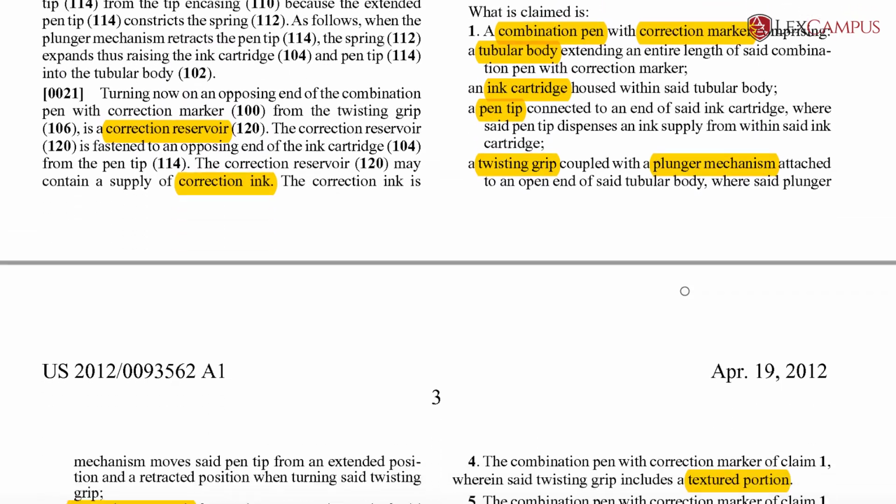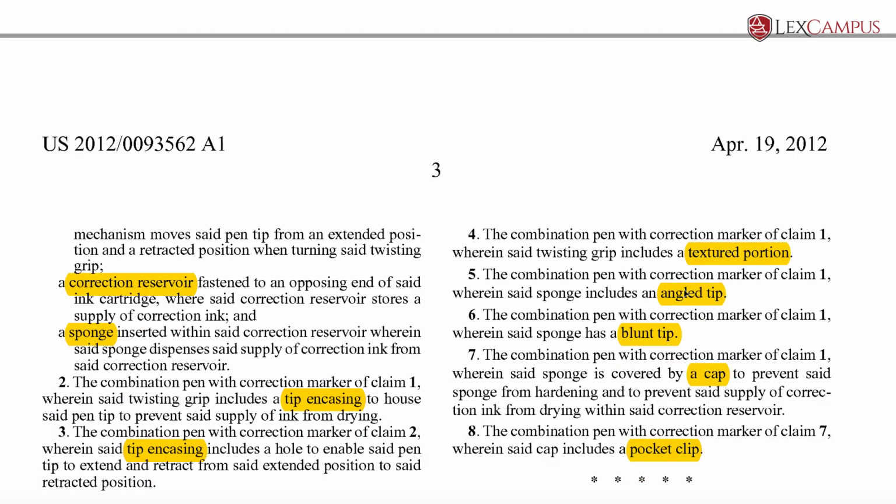You have one independent claim followed by 7 other dependent claims, and we saw the arrangement of the claims. Claim 2 and 3 are on one element, that is the twisting grip, which go to claim 1, and the claim 4 is also on the same twisting grip, but its parent is claim 1.